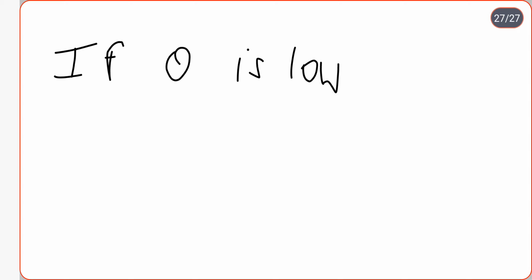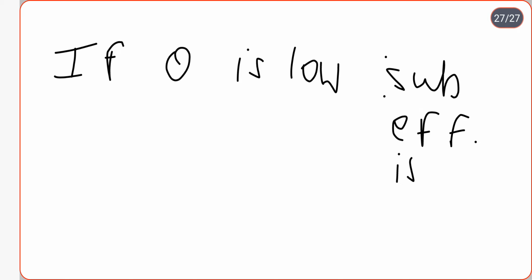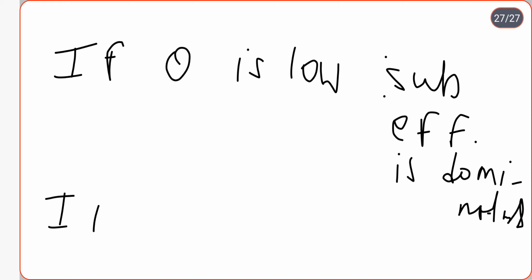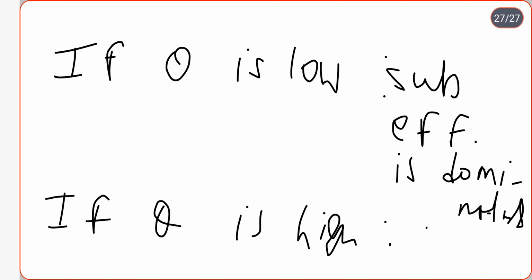If theta is low, that means the value of theta is very much smaller, then we have to know that the substitution effect is dominating. And if theta is high, then the income effect is dominating.